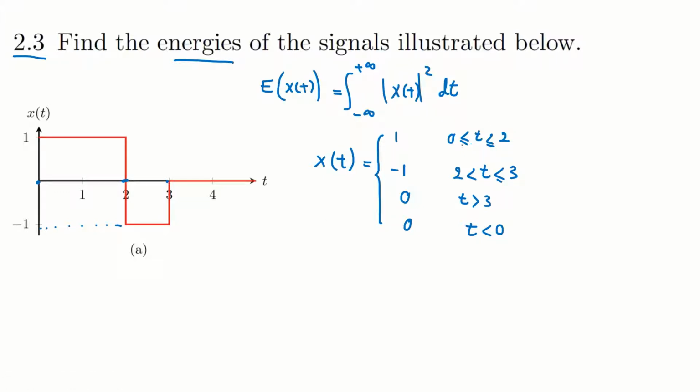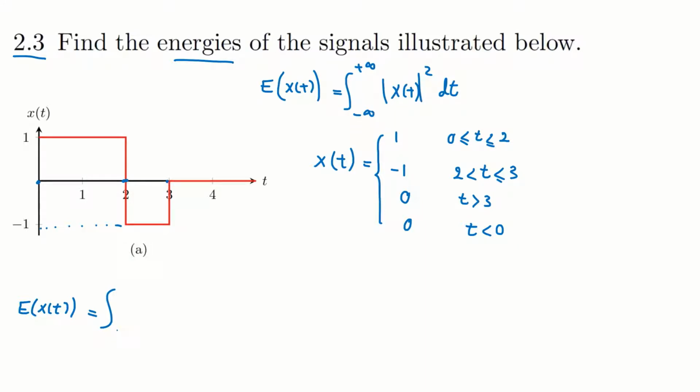Okay, so I can then write the formula for energy of the signal xt. Instead of taking the integral from -infinity to infinity, I can take integral over these 4 regions.